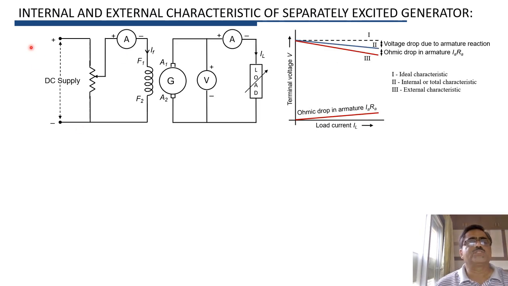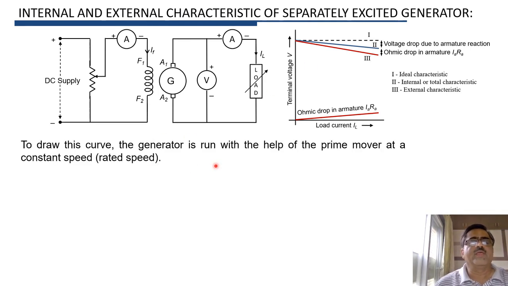Let us now see the internal and external characteristic of a separately excited DC generator. This is the experimental setup to plot the external characteristic of a separately excited generator.